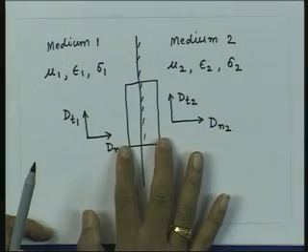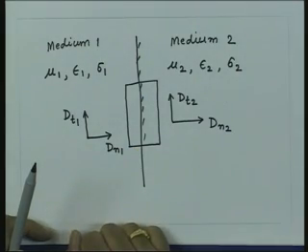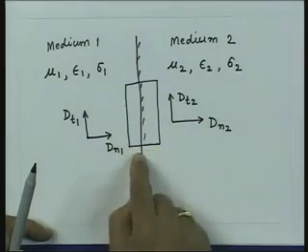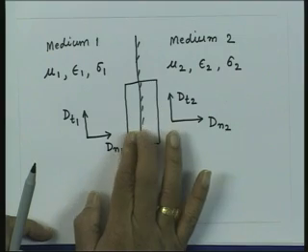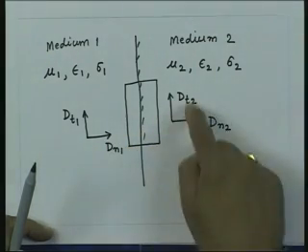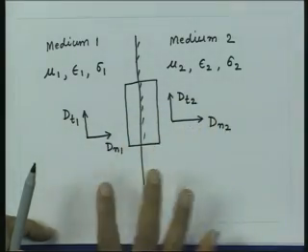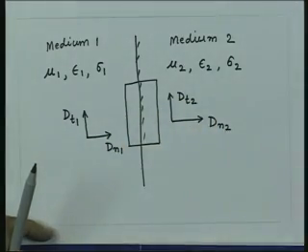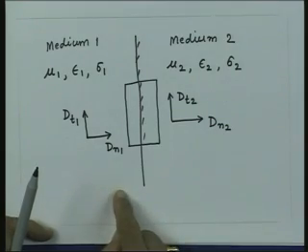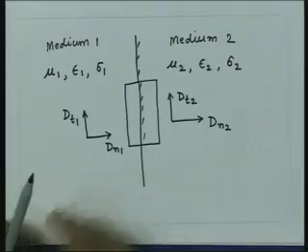Similarly, the net displacement coming from this side of the box will be equal to 0. So the displacement coming out of this box when this goes to 0 will be the difference of these two, which are the normal components, because these components are tangential. So this is not representing the outward electric displacement. From the Gauss law, the net normal displacement from this box is equal to the total charges enclosed within this box.